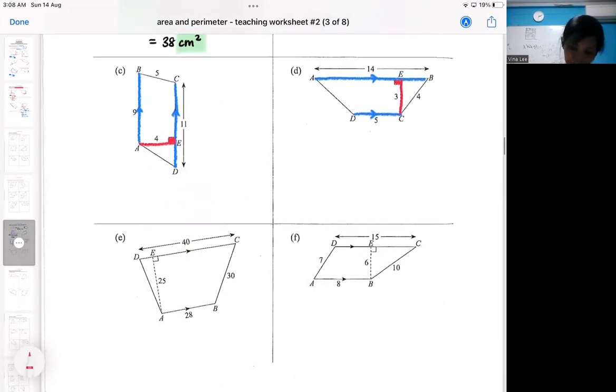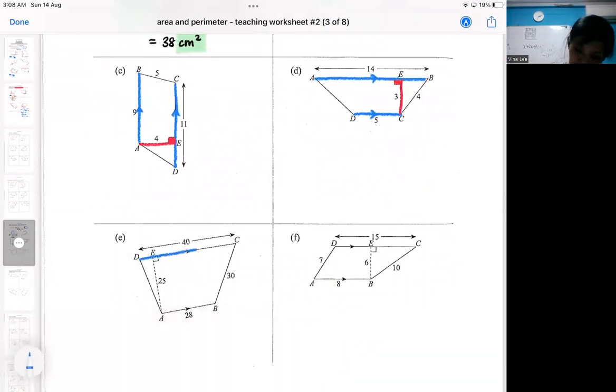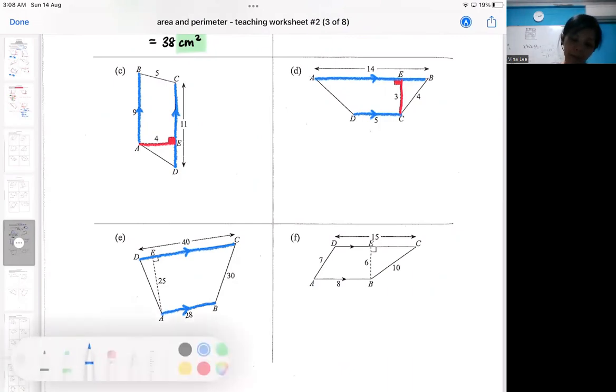Okay, so I'm going to repeat for you, but you have to do the calculation yourself. If you are thinking, there are two parallel lines. So which one should you call A? Which one should you call B? It doesn't matter, because you're adding them up.